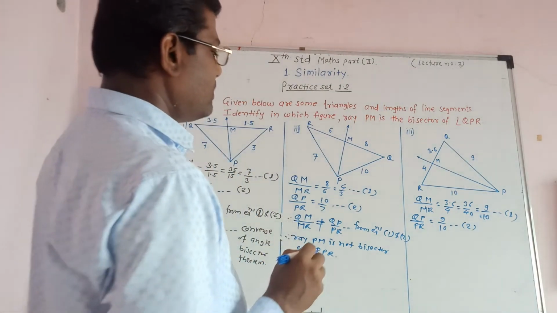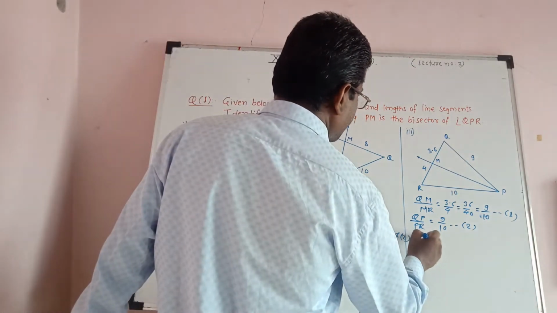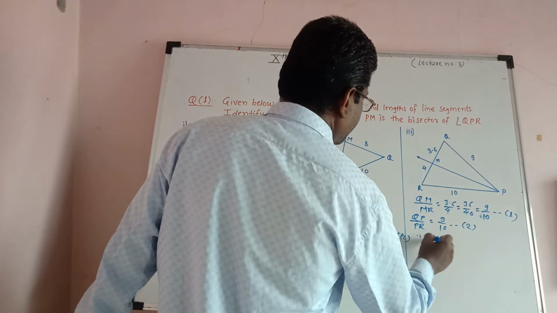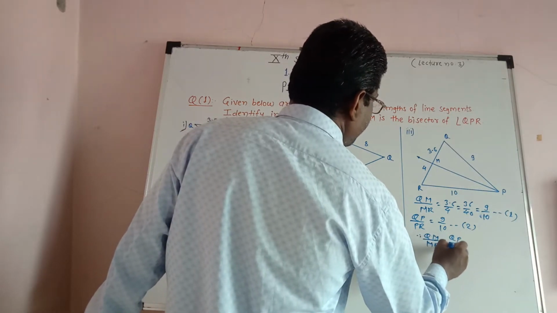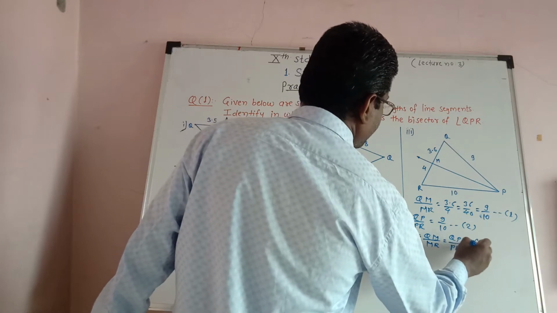From equations 1 and 2, QM upon MR is equal to QP upon PR.